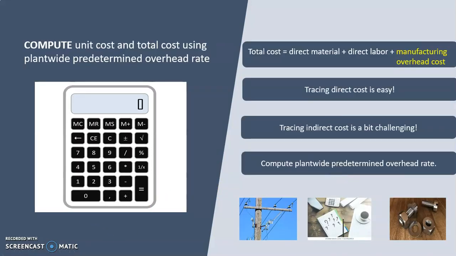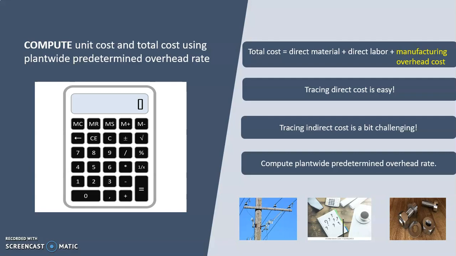The aim of this video is to explain the computation of the cost of a product or a service by using job costing. The basic formula that you need to remember is total cost equals direct material cost plus direct labor cost plus applied manufacturing overhead amount.